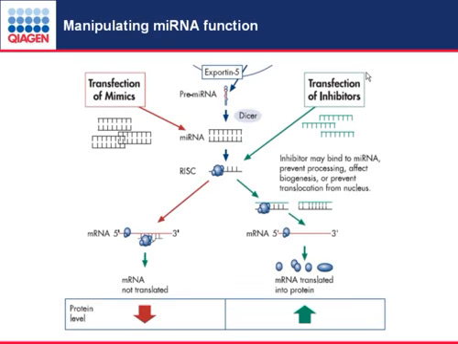And the function of the microRNA can be inhibited by the inhibitor binding, and this prevents processing, affects biogenesis, or can prevent translocation from the nucleus. And what this amounts to is that the microRNA cannot bind to its target mRNA, and what this leads to is that the mRNA is translated into protein.